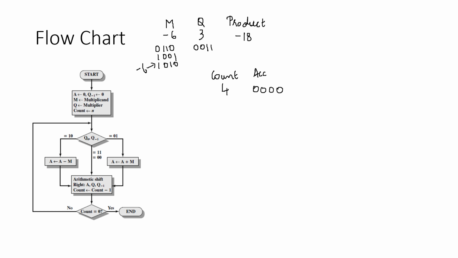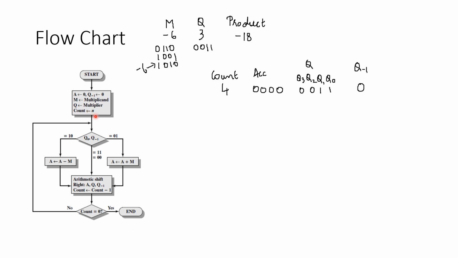The third column contains the multiplier, which we call q. Here q has 4 bits, so let's call them q3, q2, q1 and q0. So this will be 0 0 1 1, which is the multiplier. The last column will be q minus 1, and let's initialize it to 0.